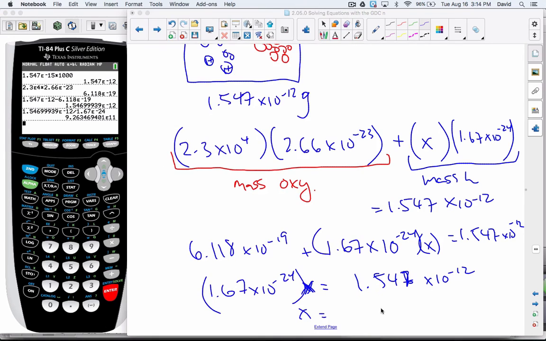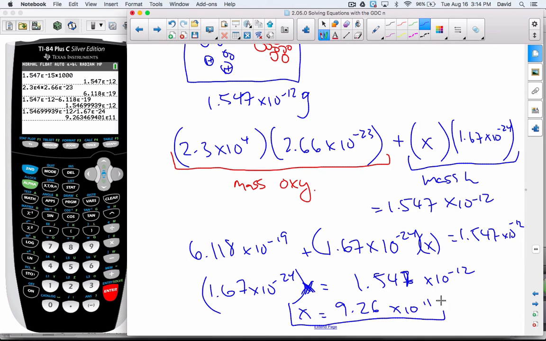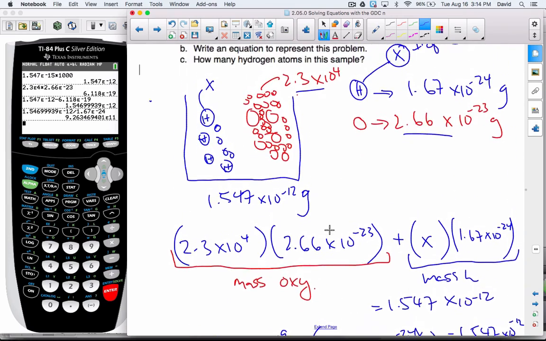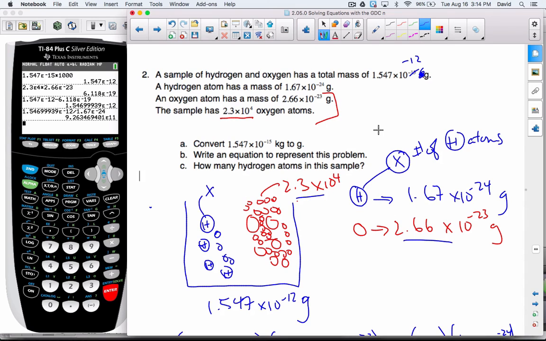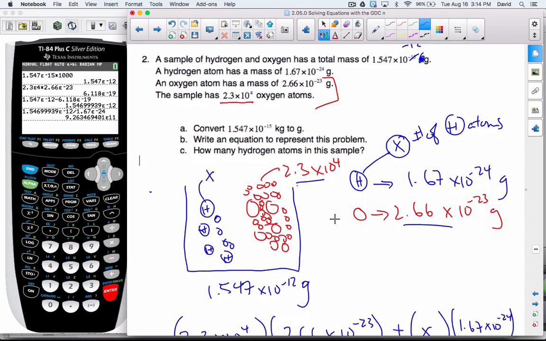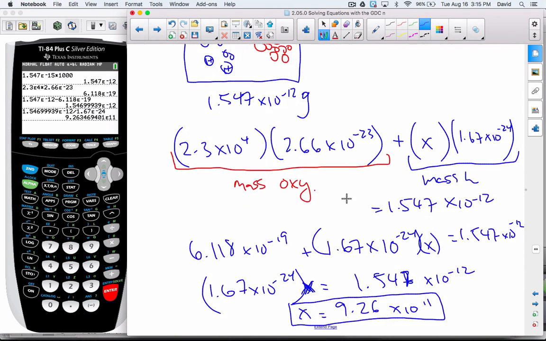And I have 9.26. So x is 9.26 to 3 significant figures times 10 to the 11th. Okay, what was x again? Good question. X, if we go back, is the number of hydrogen atoms. Oh, right. Good thing we wrote it down there. Right. And when we go through this, let's stop and think if this makes sense.